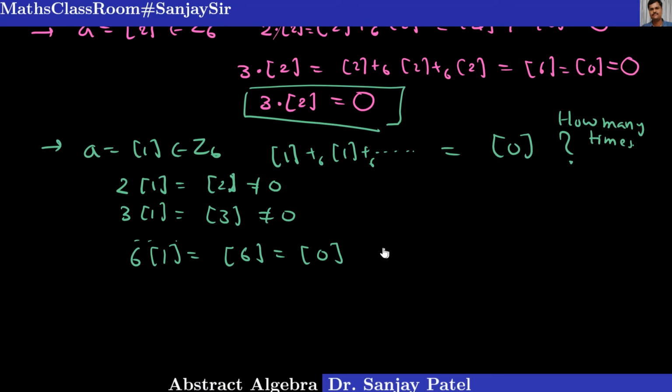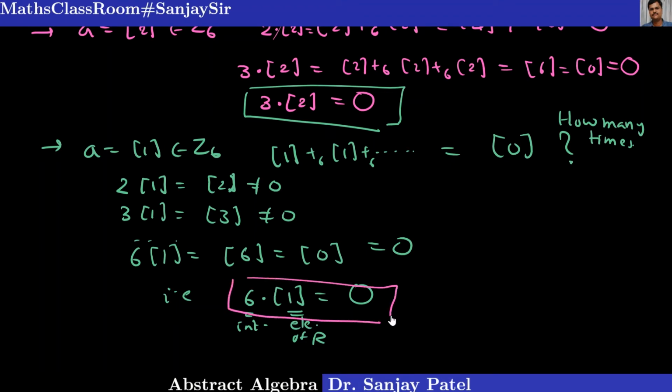So this is the zero element. That is, 6 times class 1 is equal to 0. This 6 is an integer, and class 1 is an element of the ring R.